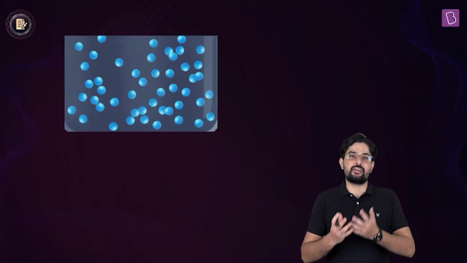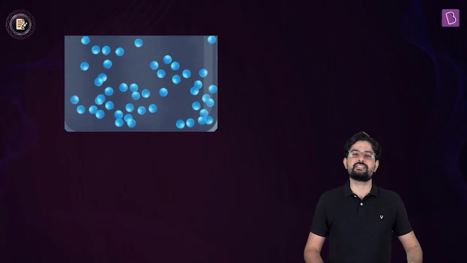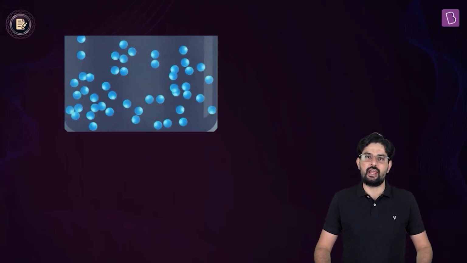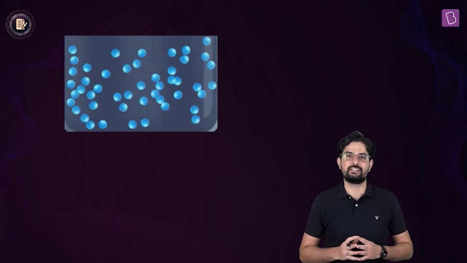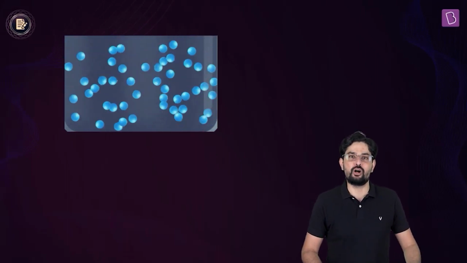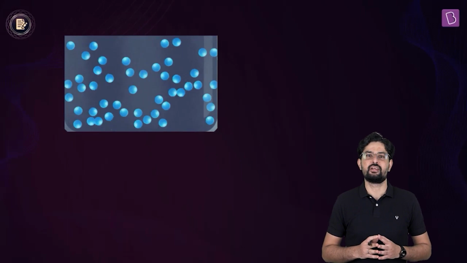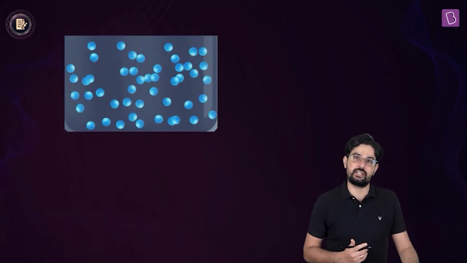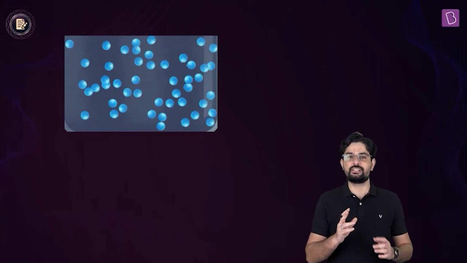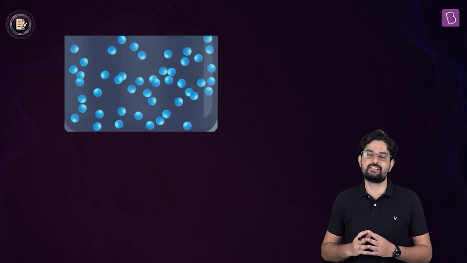So this all is derived when we assume a very simplistic model, and you already know the assumptions of the KTG, right? Those are the assumptions of the model that we work on. So basically you have to find out the average velocity, and do note this is different from average speed.